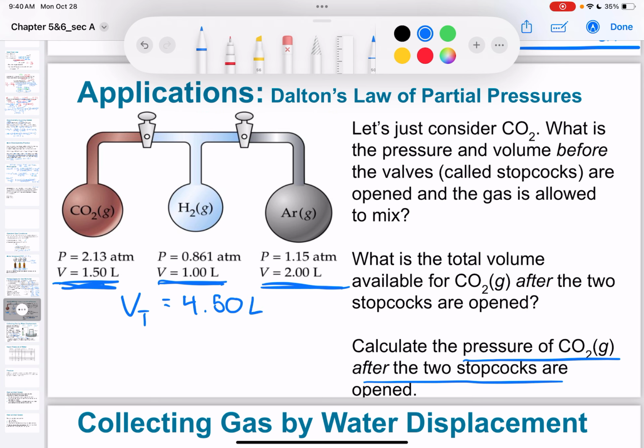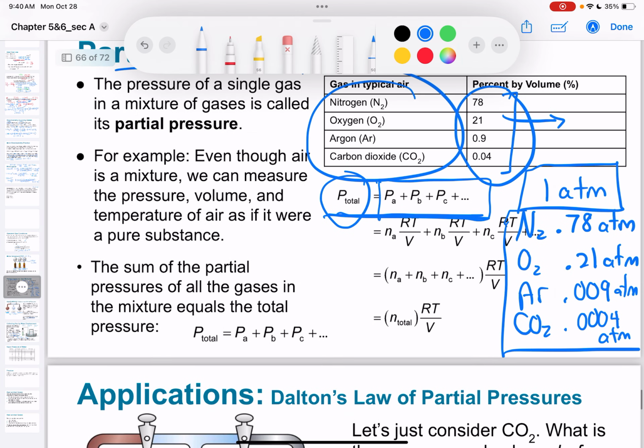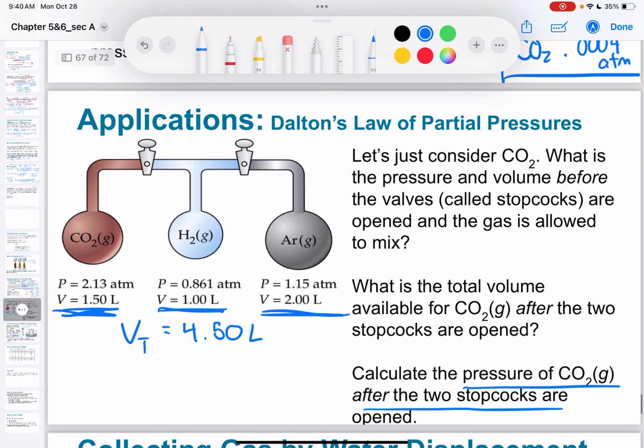So if we just want to know the pressure of CO2, we don't have to consider the fact that all those other gases are in there. And this is kind of where the application of it's Dalton that came up with this law of partial pressures. But this is where that comes into play, is what we're saying is that we don't have to consider the other pressures of the other gases.